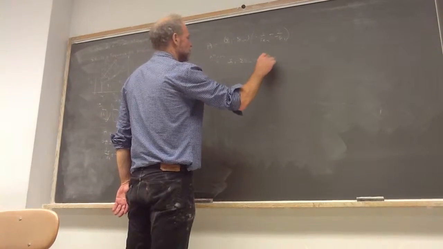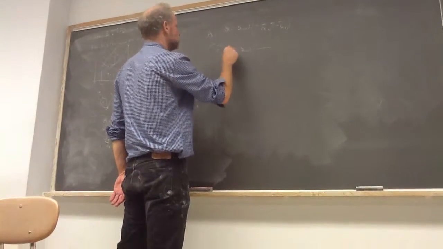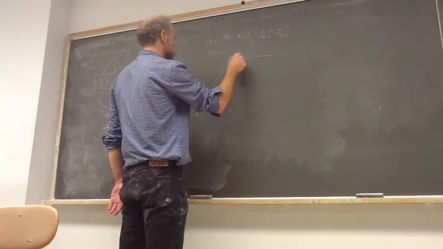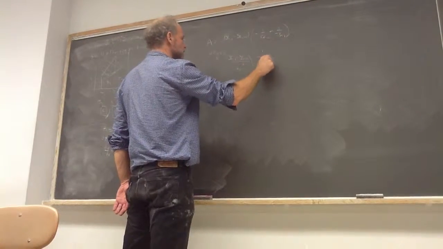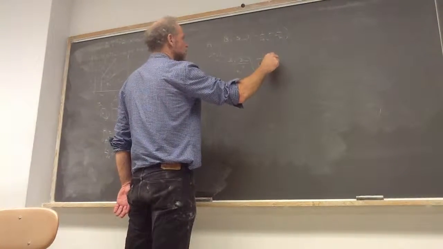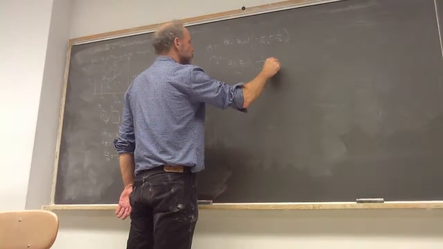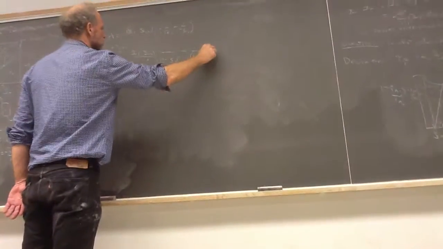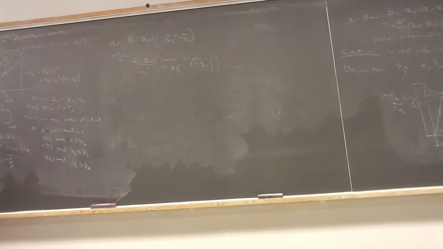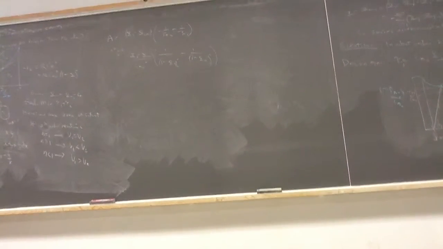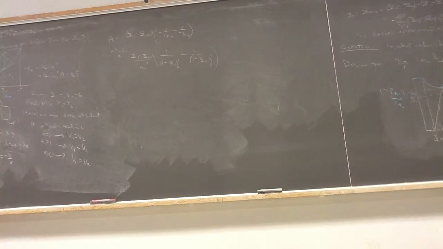Okay, and then here I have CA0 to the n, 1 minus xa2 to the n, 1 over 1 minus xa1 to the n. And I'd like to work out the specific case.